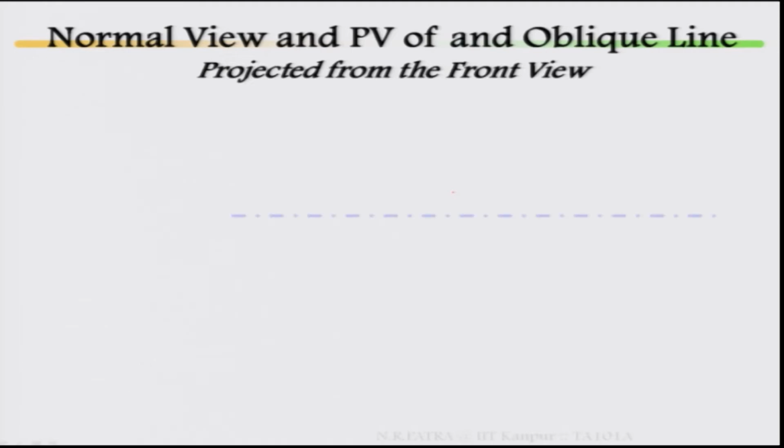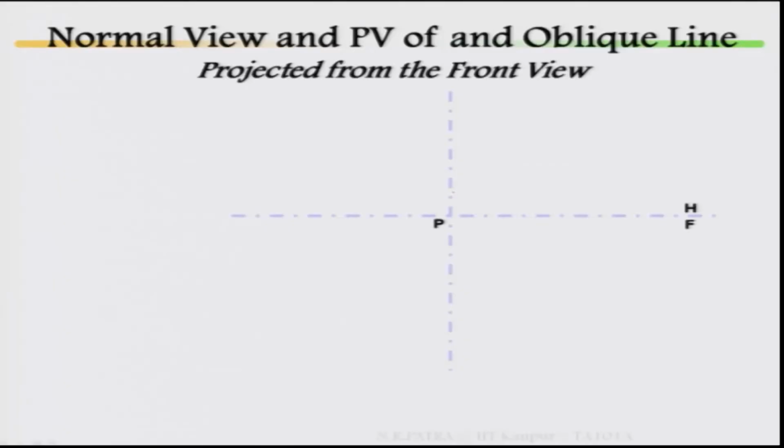Now, the normal view and point view of an oblique line projected from the front view. We have seen it projected from the top view, and the same procedure has to be continued. In this case, the distance for getting your true length will be measured from the top view, because that is the opposite view of your front view. Now, the horizontal plane, frontal plane and profile plane have been drawn.